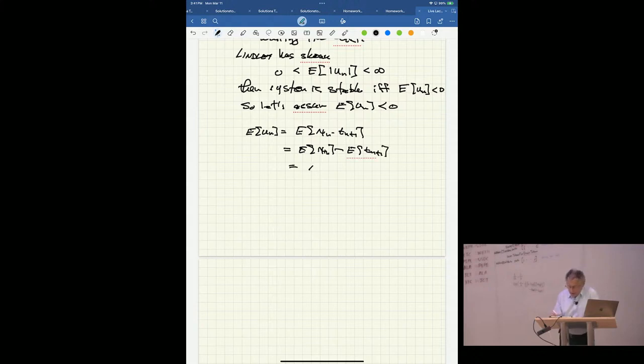Expected value of xn is just x bar. Expected value of tn plus 1 is just t bar. And that's equal to t bar times rho minus 1. Therefore, we need rho less than 1 for the expected value of un to be less than 0. So that's consistent. Okay.